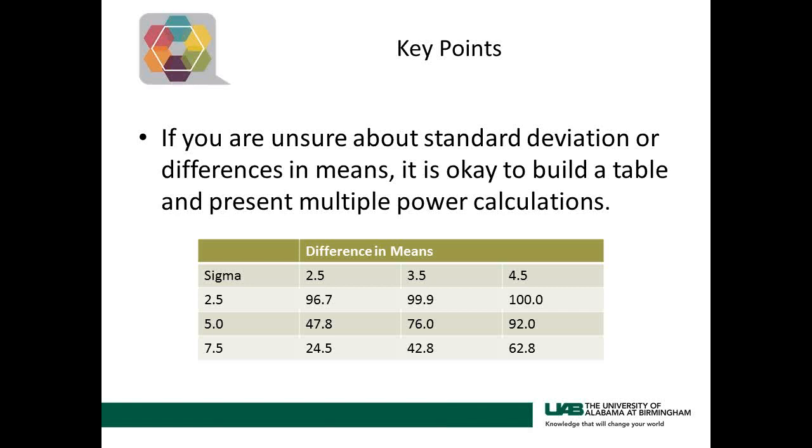Sometimes I highlight and bold the areas that we really believe will be true, and show that across all those possibilities, we've maintained adequate power. All right? It's okay to build a table and present multiple power calculations. I actually find that helps a lot of reviewers get beyond criticizing the power calculation.